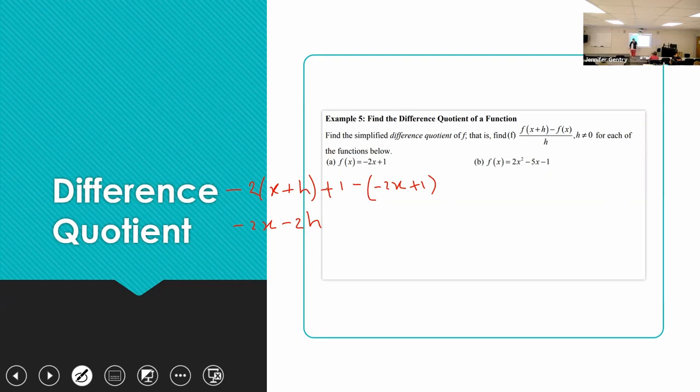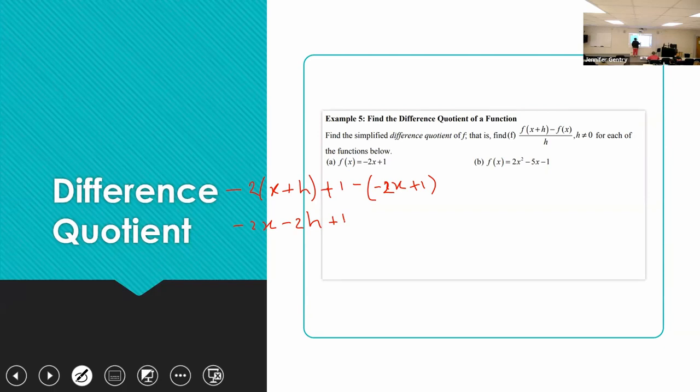Does that make sense? Does that help? Okay. So we took the minus 2 and we distributed. Plus 1. Don't forget the plus 1. What do we do with that minus sign? Distribute it. Very, very good.